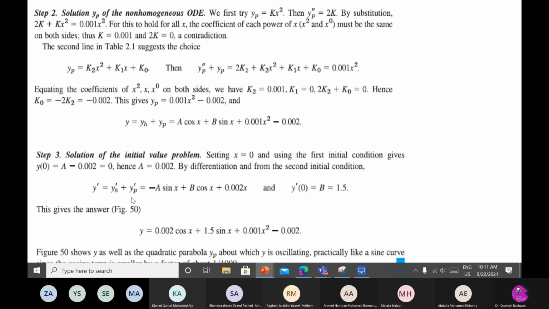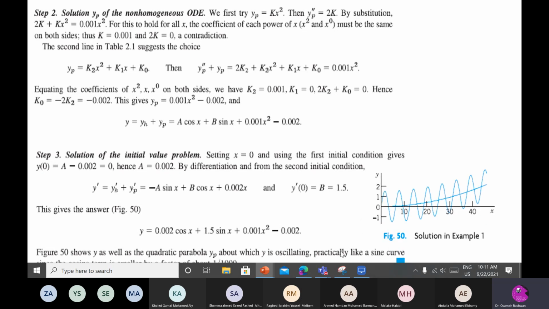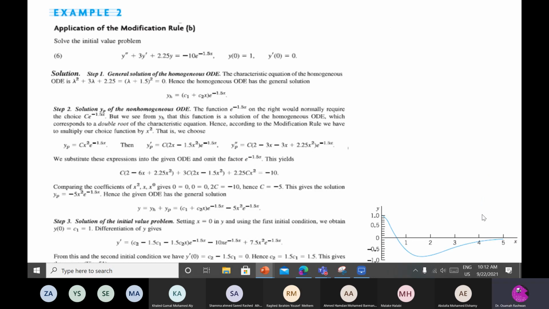I will find the constants from the initial condition, and I will get the solution without any constant. Once you have initial conditions, this is an initial value problem, so your solution never has any constant. If you would like to graph the last formula of the solution after applying the initial condition, you will have this curve, right? This is y depending on x.